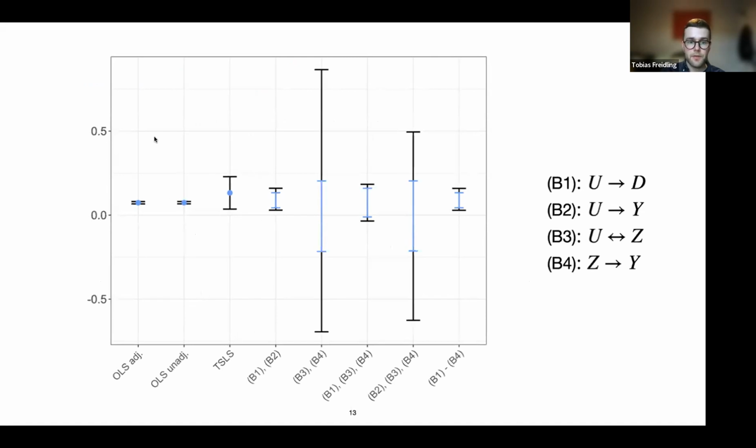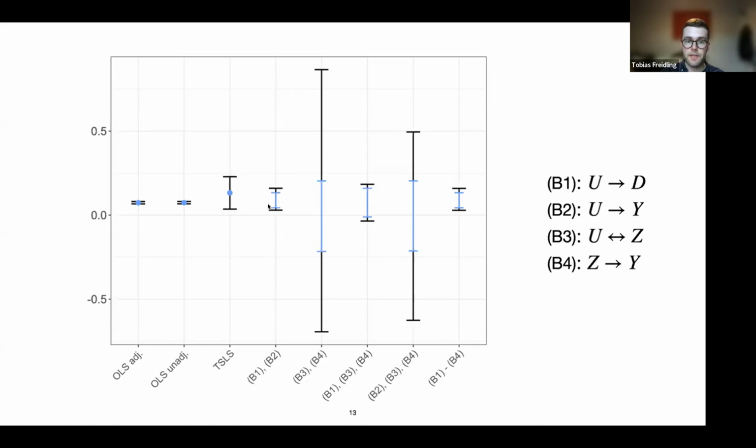So I think we can focus on the first 3 to begin with. So these are the point estimates and the corresponding 95% confidence intervals for the OLS estimators and the 2-stage least square. And on the right side here, we have results for the solution to the optimization problem under different sets of constraints.